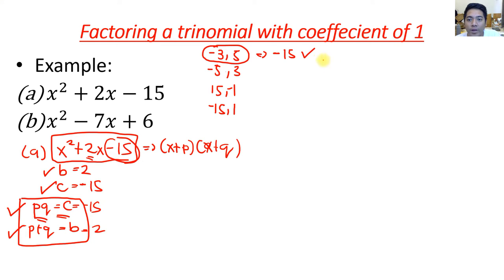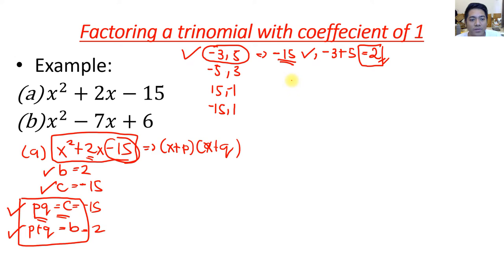Now, how about if we add? We have negative 3 plus 5. The result should be positive 2. So, did we meet this necessary condition? If and only if we meet the two conditions, that is the factor. So, voila, we have 2 when we add these two numbers and negative 15 when we multiply.